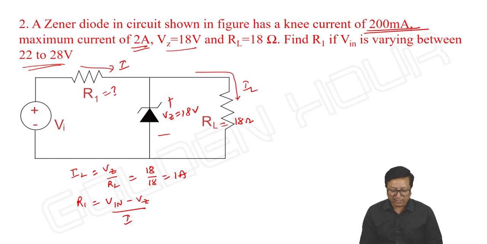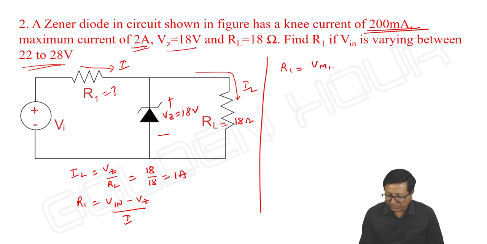And I can write R in terms of V minimum or V maximum. Input is minimum means the corresponding I should be minimum, no doubt about it, and I minimum is equal to Iz minimum, the knee current, plus IL.